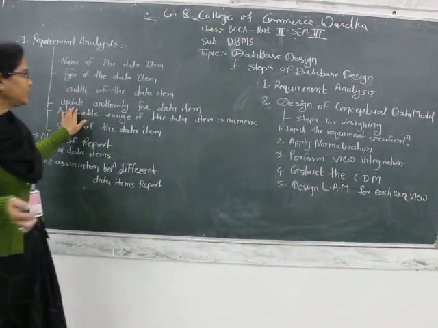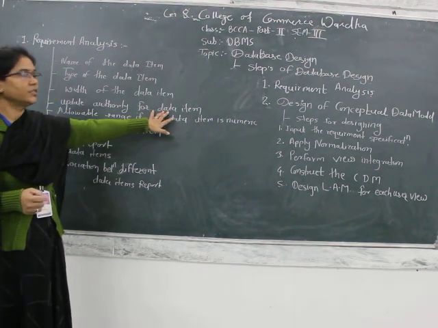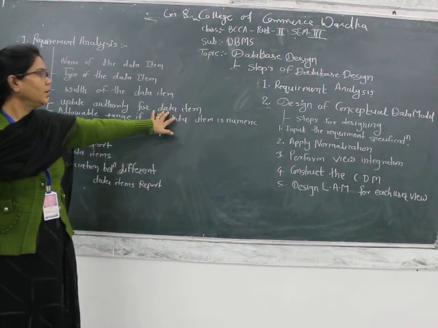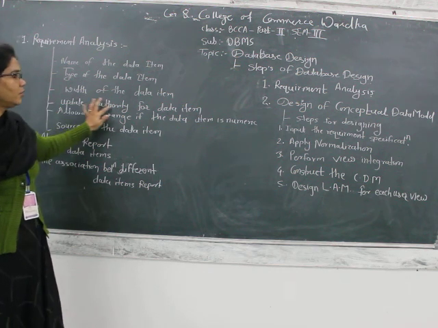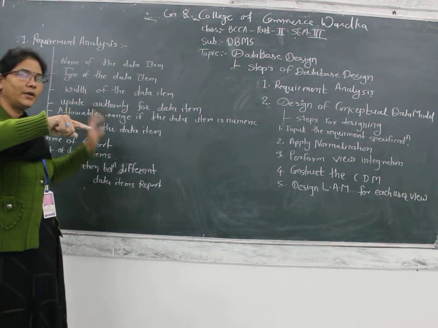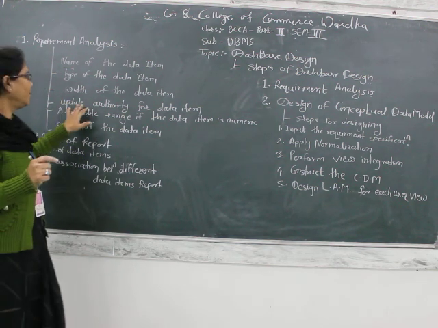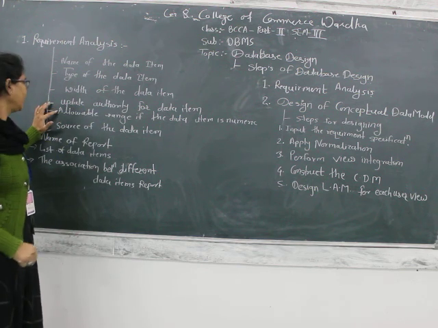Basically we can give the authority to change or update the value of that particular data item. That means the user can update their own information, or only the admin can change or update the information. So we have to decide this also at that level.